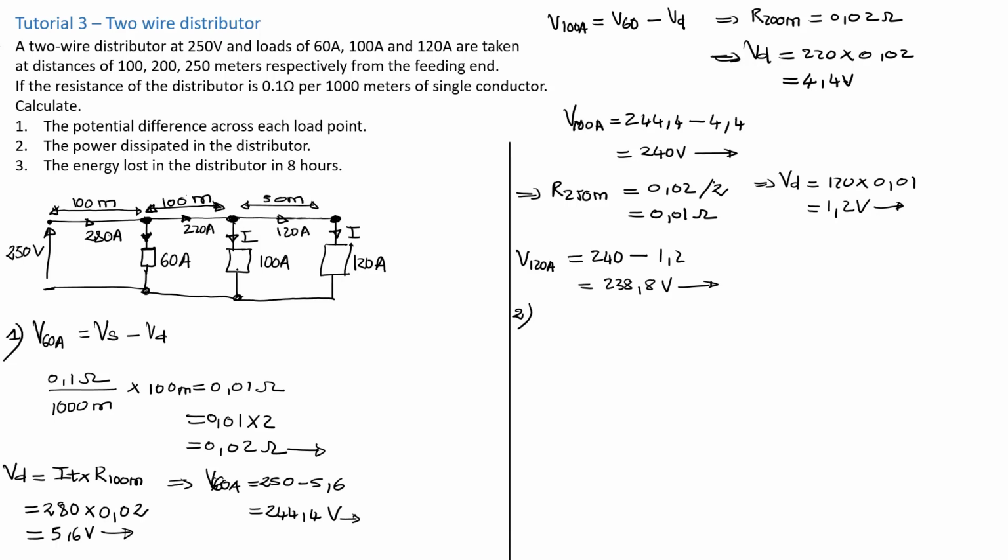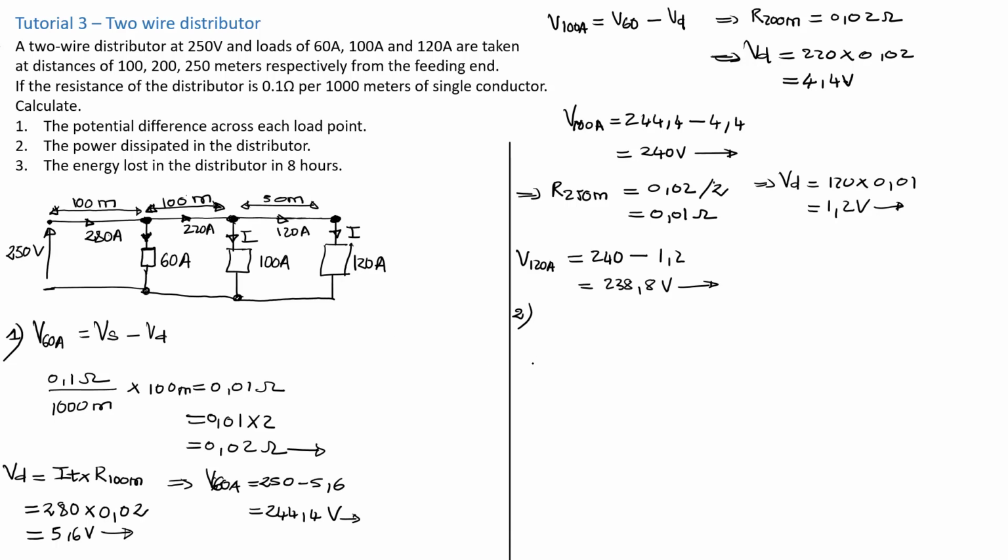So you can just see how much power is being used here. So that's not the power we're being asked here. We're being asked the power that is wasted across the distribution line. So in order to calculate that, we need to use this voltage drop and multiply with the current so we can get the power for each section and then combine it.